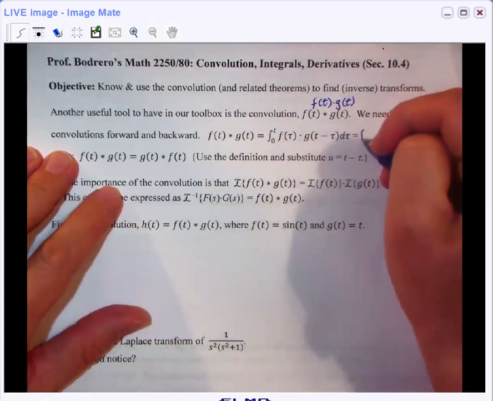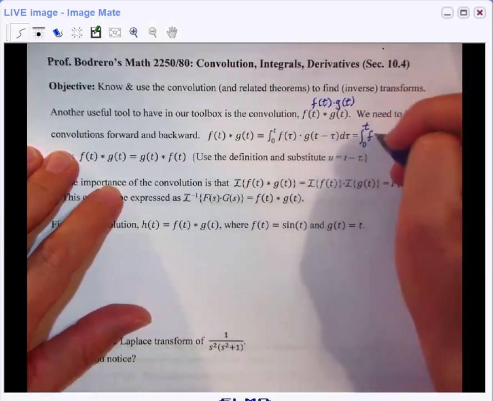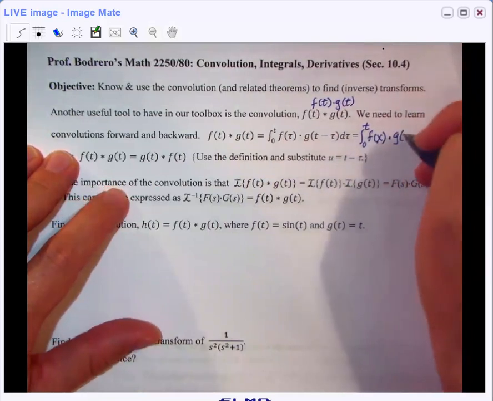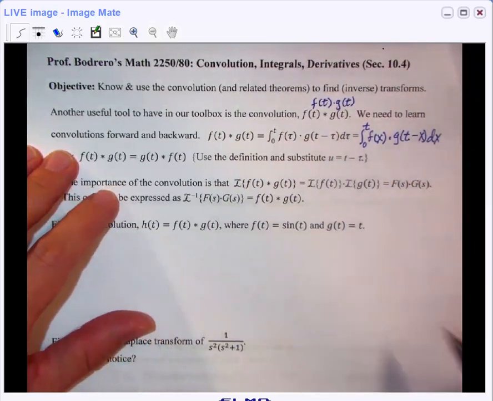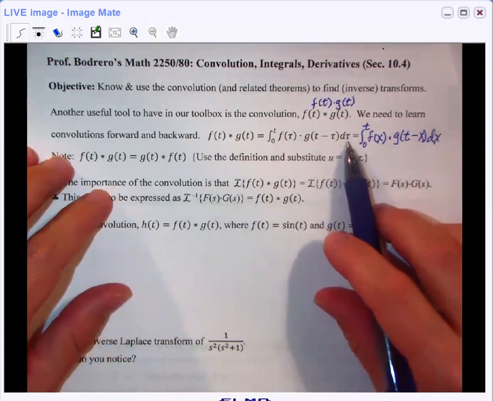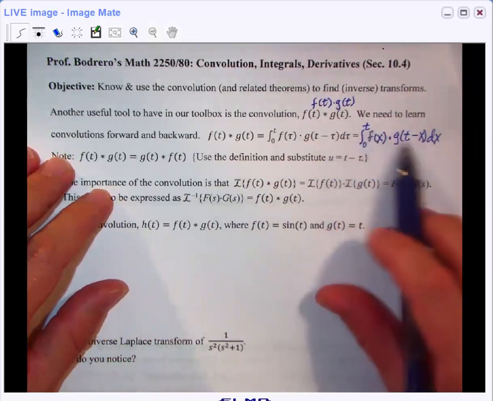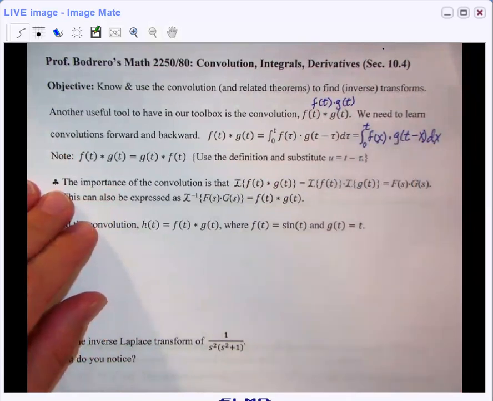So we could call this the integral from 0 to t of f of x times g of t minus x dx. In place of tau, I'm going to name the variable x, so it's easier to distinguish from the t's that I'm going to be using here. Now, you can check this.